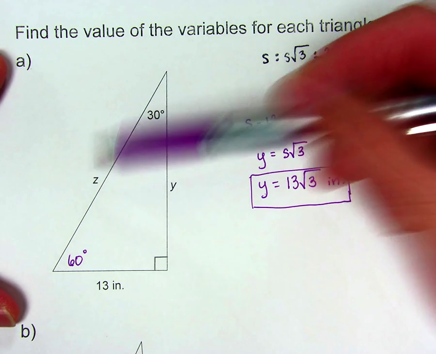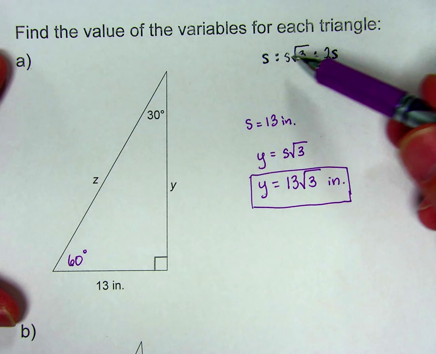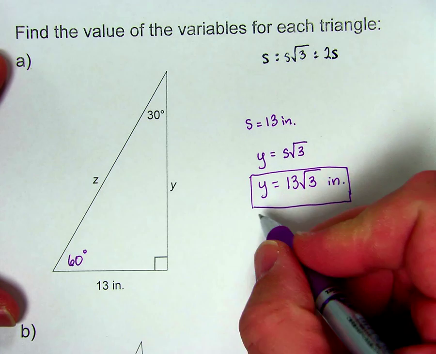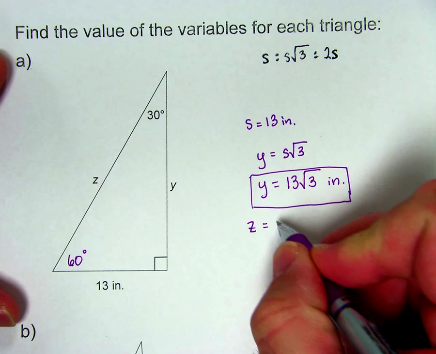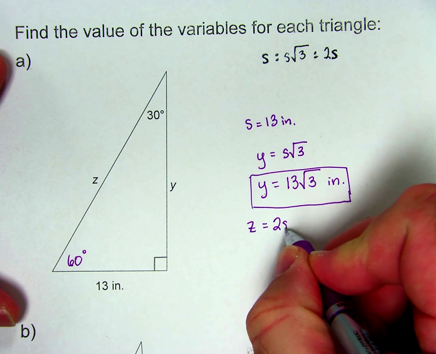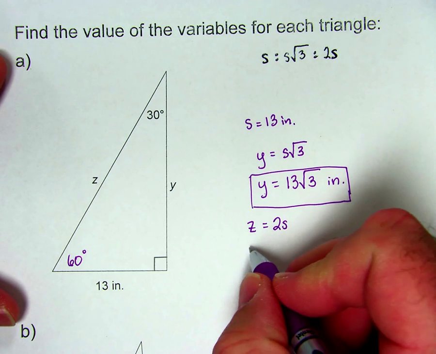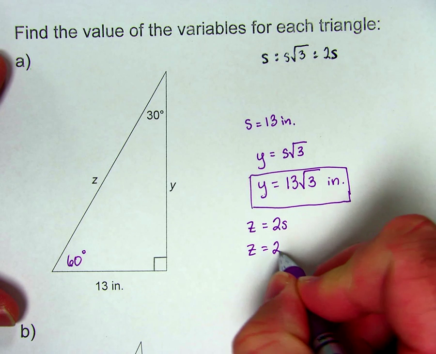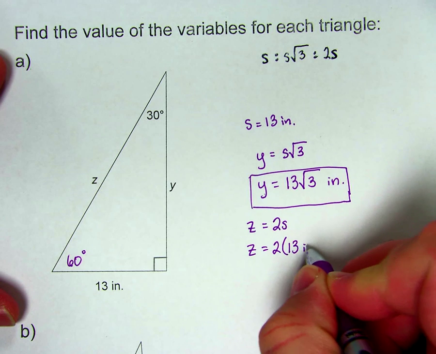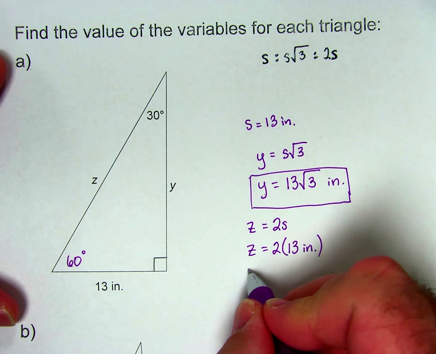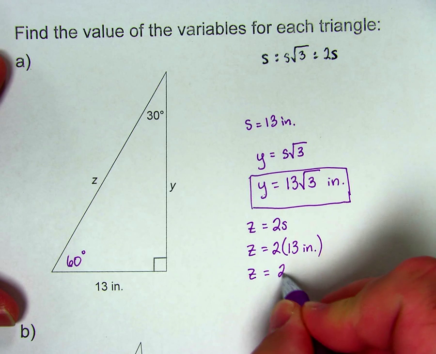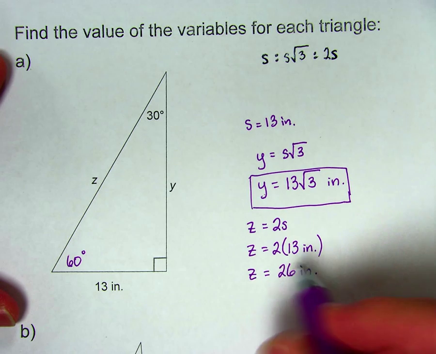Z is taking the place of our hypotenuse, and in our ratio, the hypotenuse is 2 times S. Since S is 13 inches, Z would be 2 times 13 inches, making Z 26 inches.